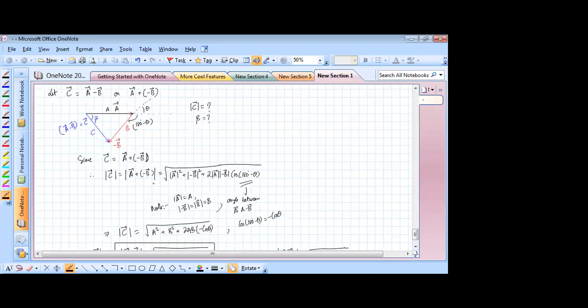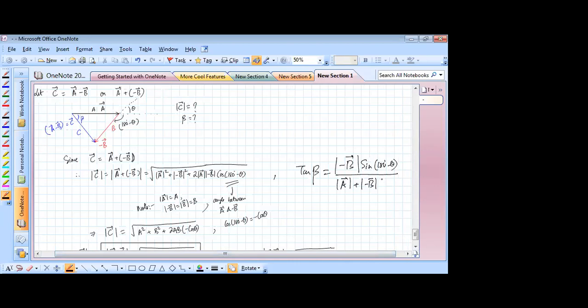Okay. So just like we have used this part over here, we can also see that tan of beta here will become minus b mod the sine into the angle between them, which is 180 minus theta, divided by mod of a plus mod of minus b into cos of that same angle.